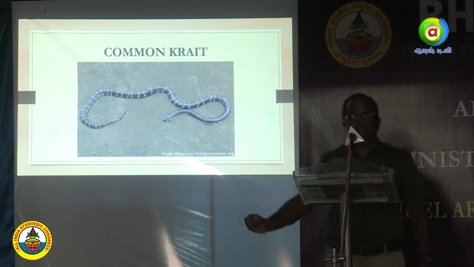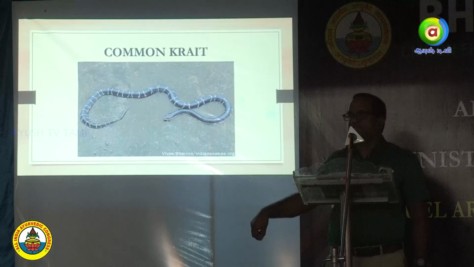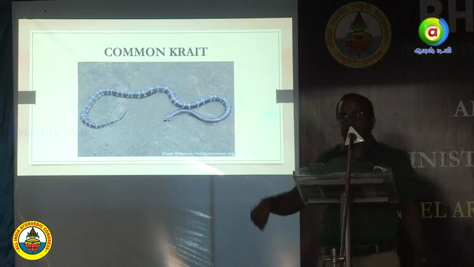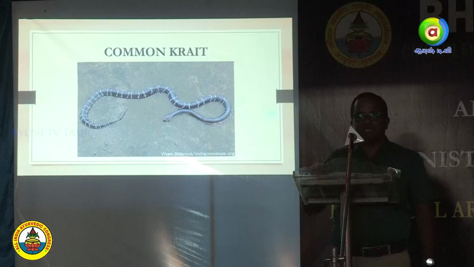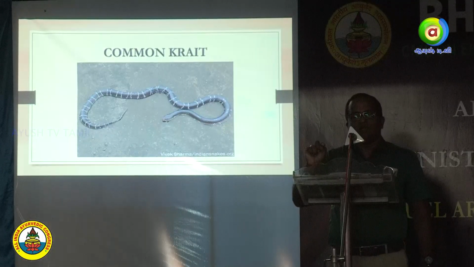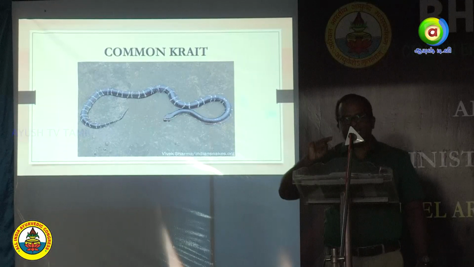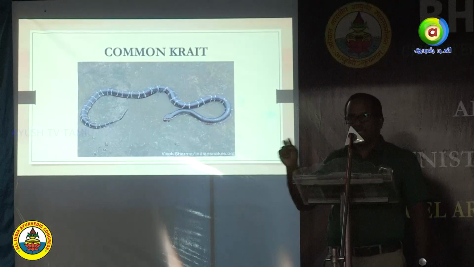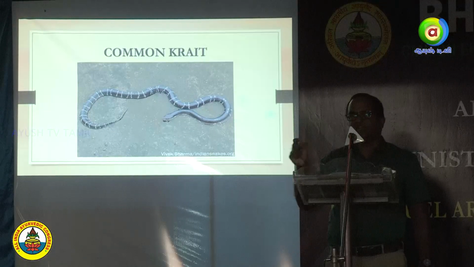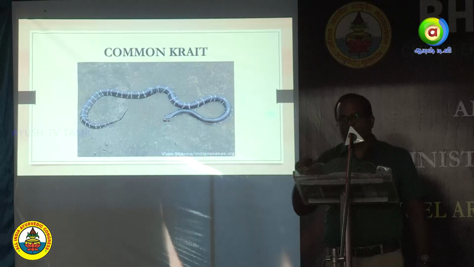This is the main way to identify Rajimanda, especially the common krait. These are all highly venomous snakes. If you wrongly identify it by the single-line feature, you will be in trouble. So there are two rings, two Rajis together, and then the next two Rajis come after a very small space. So you have to observe that carefully.